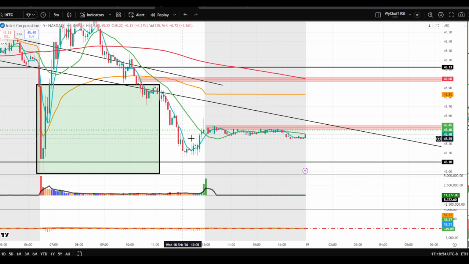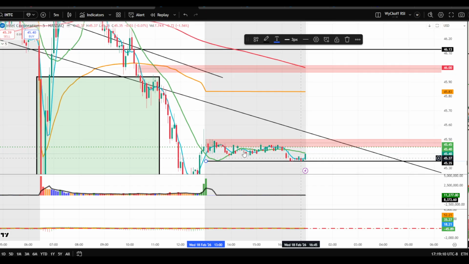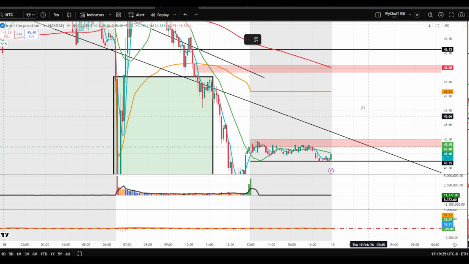Right now in after hours, we see that it's holding this level and this little range here, from 45.35 to about where the previous day's low was, which is 45.45. So about a 10 cent difference.